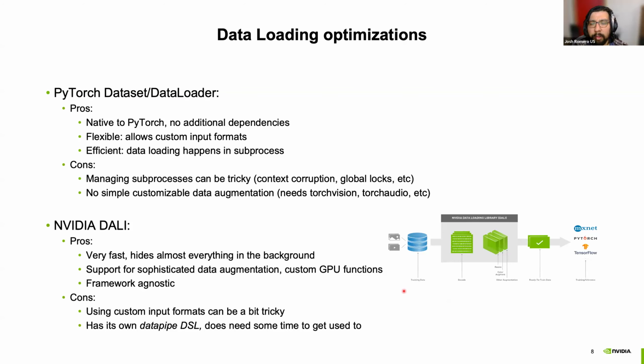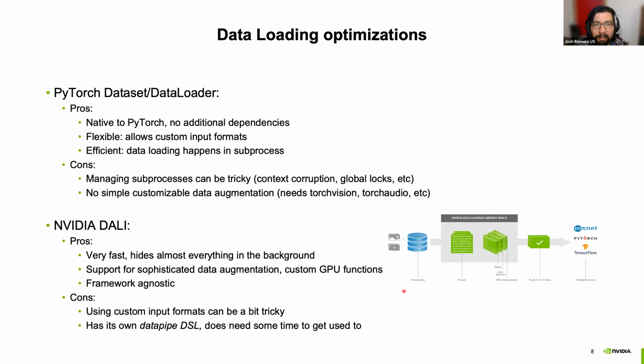Yes. So I think the thing with DALI compared to the PyTorch data loader is that DALI was designed to maximize prefetch as much as possible. So they have a lot of really advanced features on how to prefetch data asynchronously, which you don't necessarily get out of the box with the PyTorch data loader.